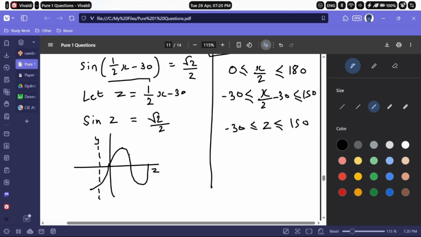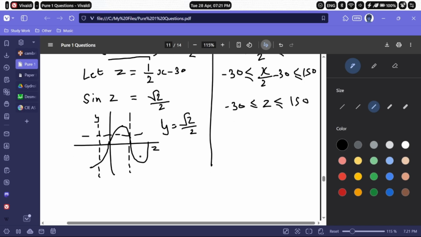The x-intercept would be 180. So 150 would be somewhere about here, not exactly. Then you can just make the line y equal to root 2 by 2. It's not lengthy, but personally I think this gives you all of the values. So root 2 by 2 would be somewhere over here.